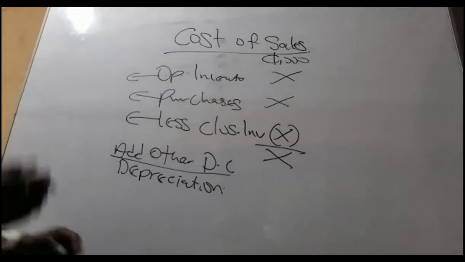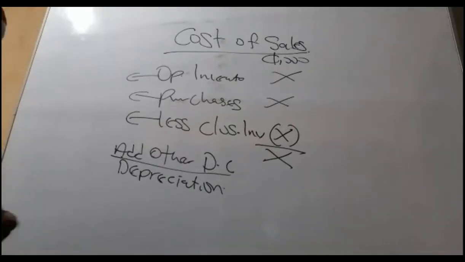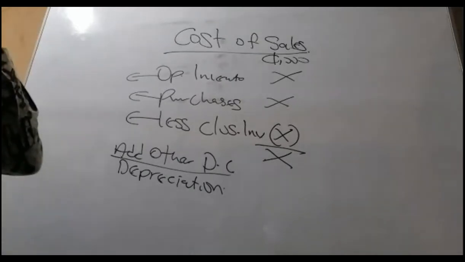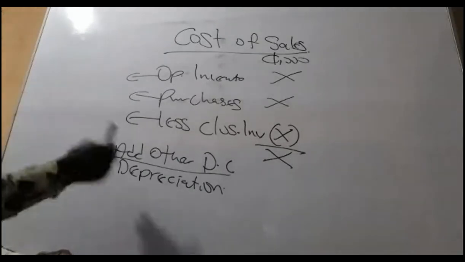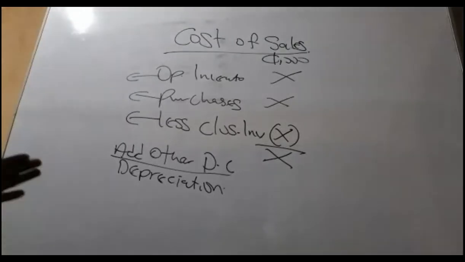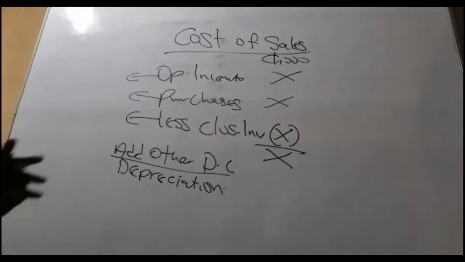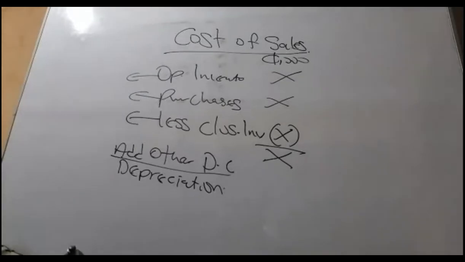For plants, because they are used for production, it's a direct cost, so I'll add it to cost of sales. But for an office building or general administrative building, such depreciation must be treated as operating expenses.